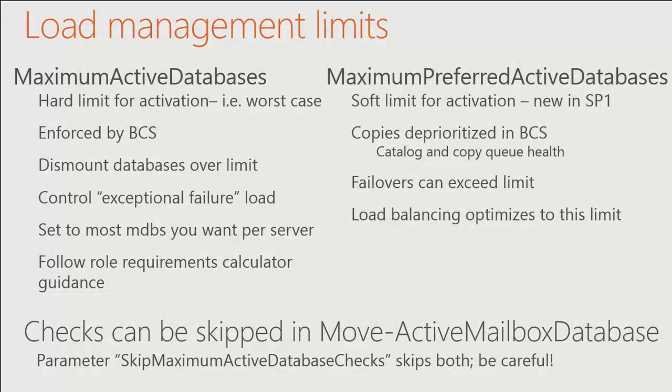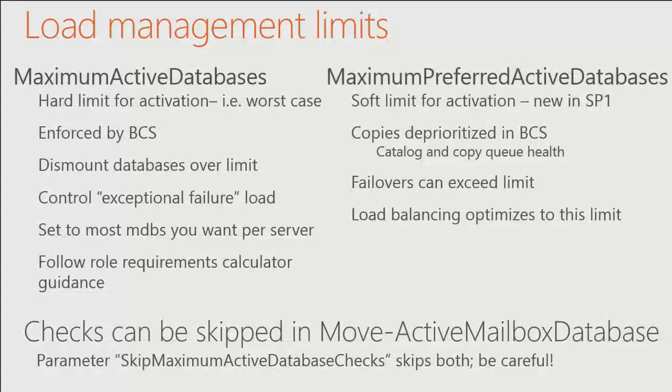Max preferred actives, this soft limit we added in SP1, works by basically having a little tweak in BCS. What it does is say, if this server is at max actives or above, then I would prefer not to pick this copy.